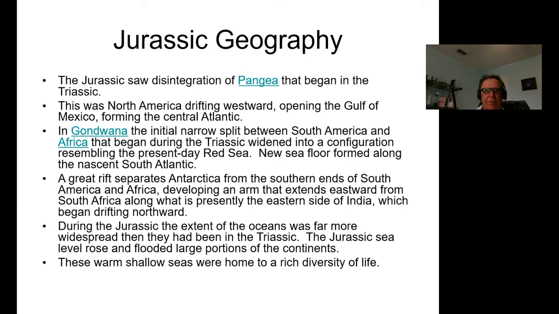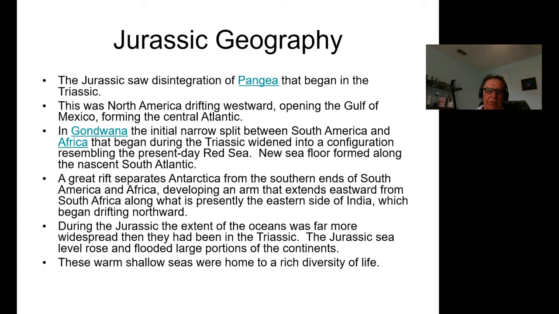North America was drifting westward, opening the Gulf of Mexico, and the Central Atlantic was forming. In Gondwana, the initial narrow split between South America and Africa that began during the Triassic widened into a configuration resembling the present-day Red Sea. And a new seafloor began to form in the nascent South Atlantic.